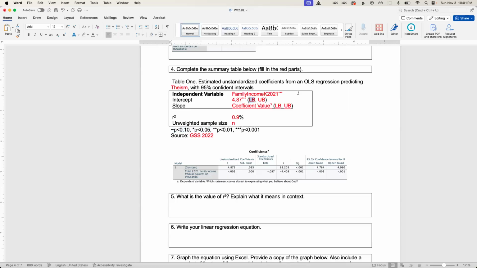Okay, here I can put the confidence interval, so that's from right here. So I'm going to, again, just round these to the nearest hundredths. And then the next one is the slope. So that's where you have the actual variable listed, the independent variable, and so we're using this row. And so again, I'm using the unstandardized coefficient B. This is my slope. So my slope is negative 0.002. And I'm not rounding that to 0 because then it won't have anything to show.